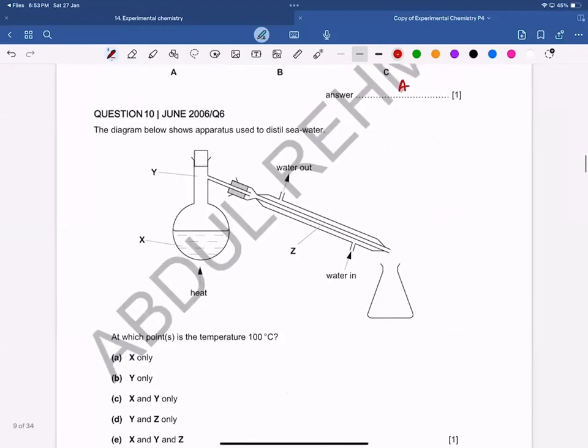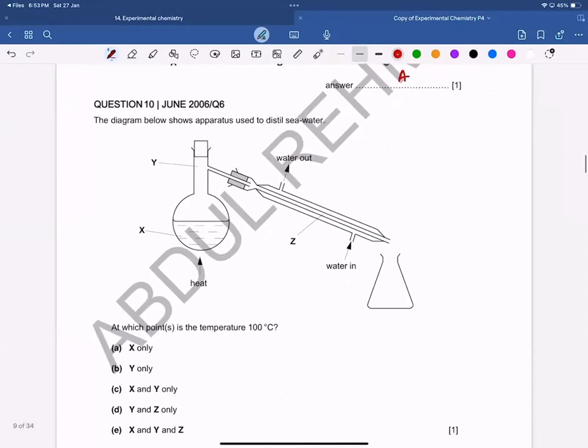At which point is the temperature 100 degrees Celsius? The diagram below shows the apparatus used to distill seawater. At which point is the temperature 100 degrees Celsius? Z has a lower temperature because it condenses, so Z is not the option.